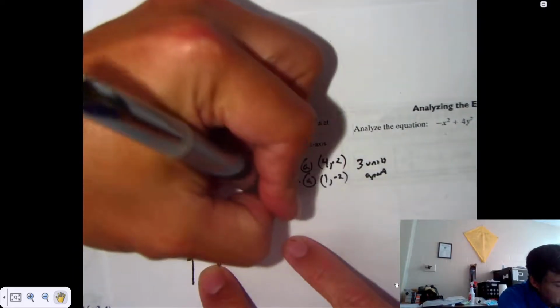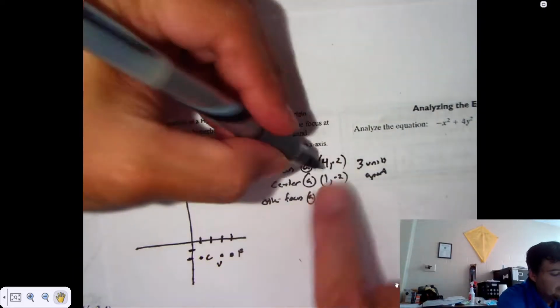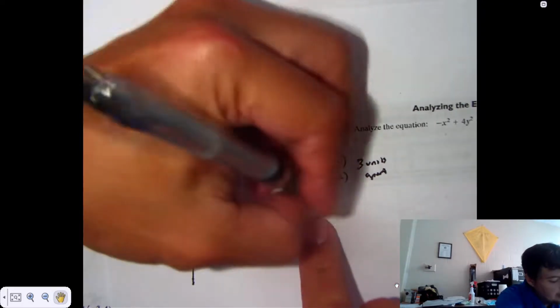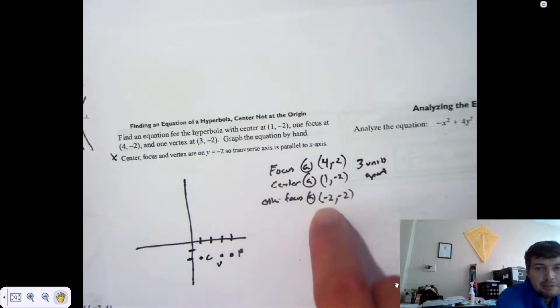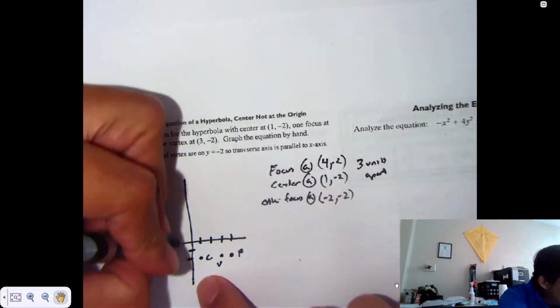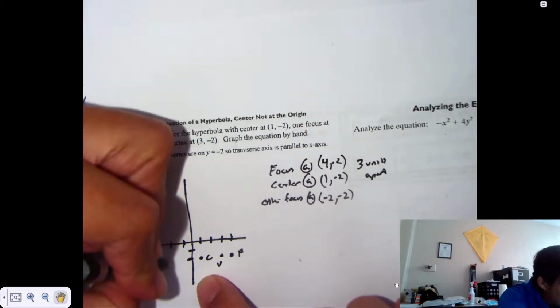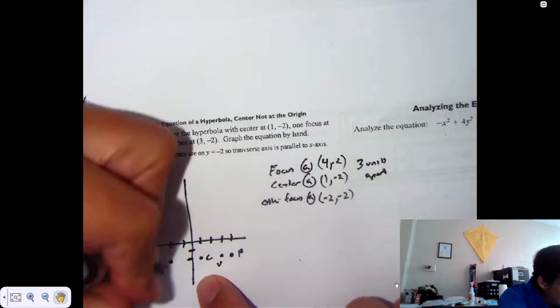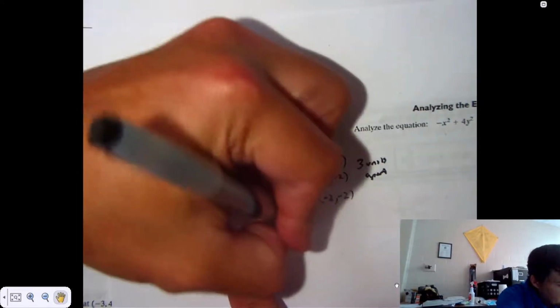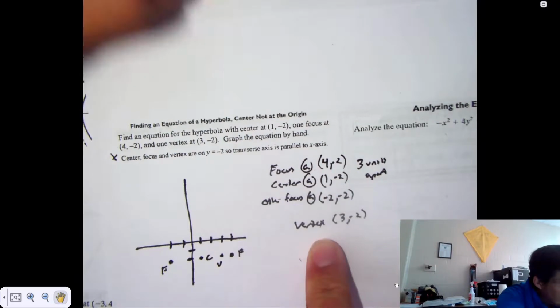And I'm lining this up for good reason. 4 minus 3 is 1. 1 minus 3 is -2. I have another focus at (-2, -2). Some kids don't need to do that, some do, but there's another focus. And talk about your vertex. You have a vertex given at (3, -2). You have a center again at (1, -2).